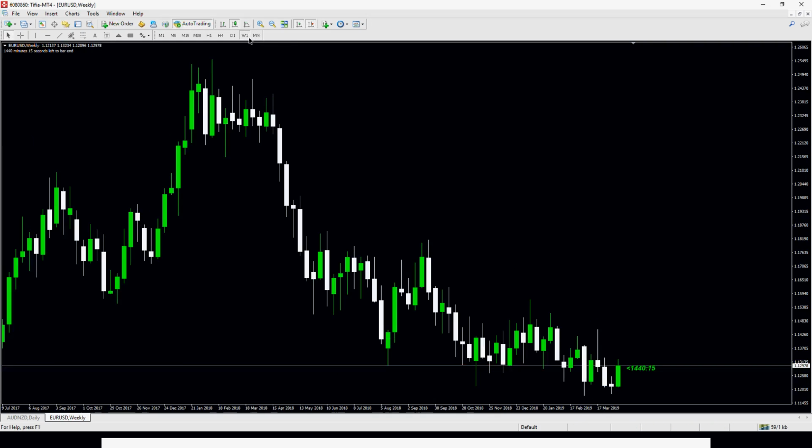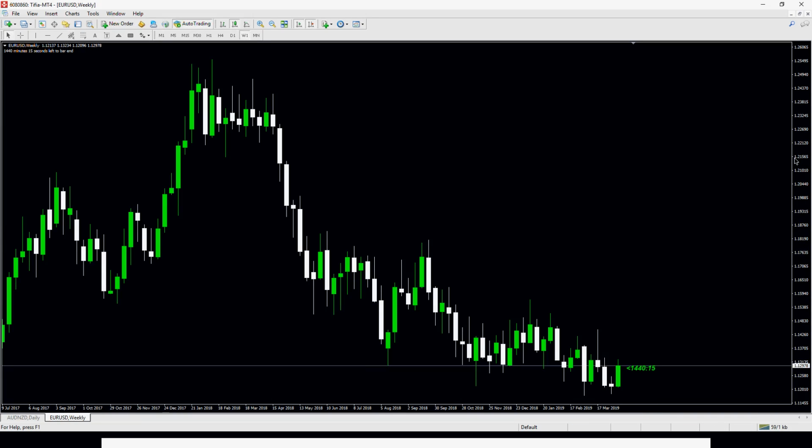Over here, W1, so that's weekly. Each of these candles is formed over the time period of 1 week. The markets move from left to right. As you can see, it started from 9 July on the bottom left of the screen, and now it's at 17 March shown here.